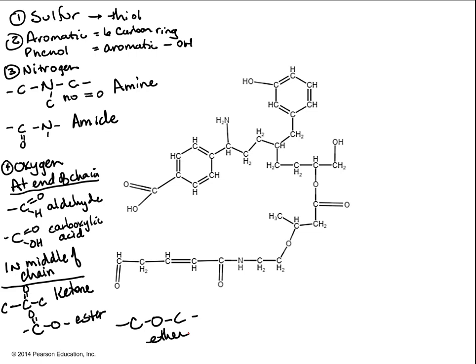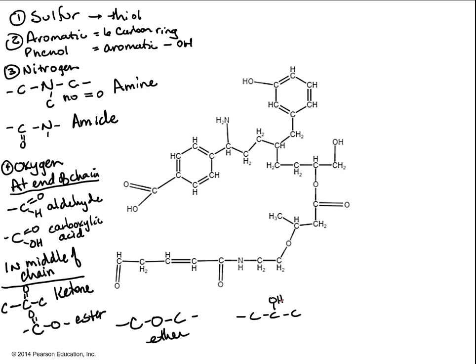The last one, the only one I didn't talk about, is the OH. If you see just an OH attached to a carbon, nothing else, that's an alcohol. But that could actually be anywhere. It could be at the end of the chain. It could be at the middle of the chain. The kicker is that if it's an alcohol, there's an OH on that carbon, but no other oxygens attached to adjacent carbons, no other nitrogens on adjacent carbons.